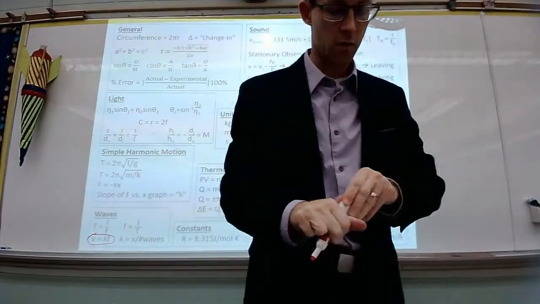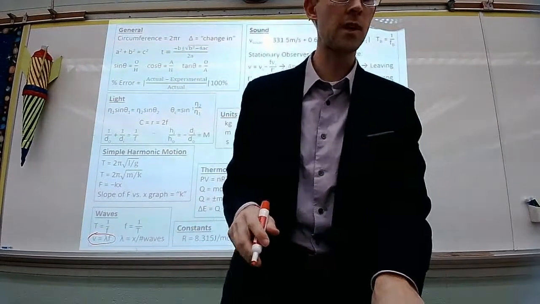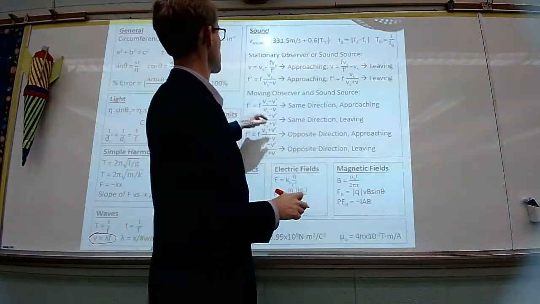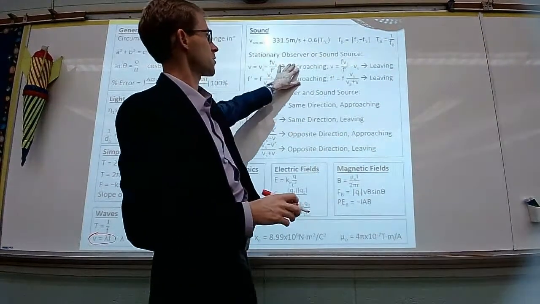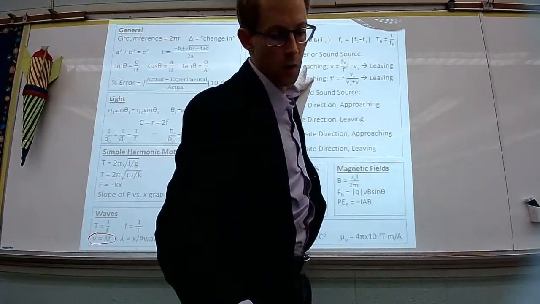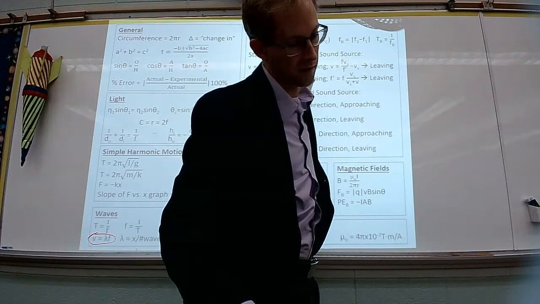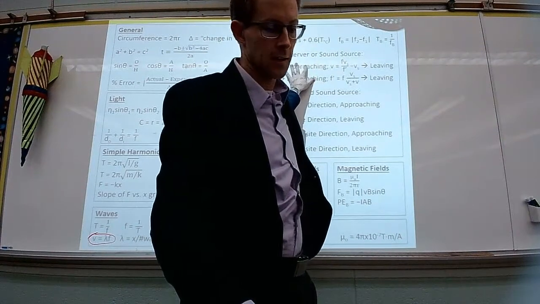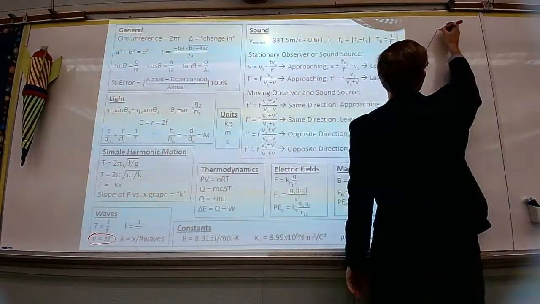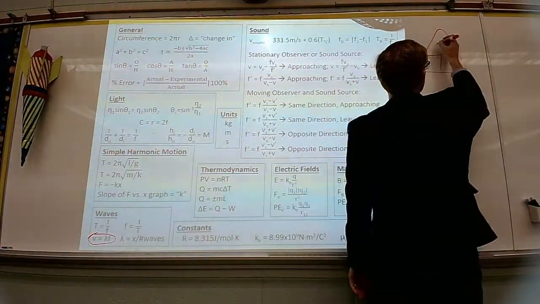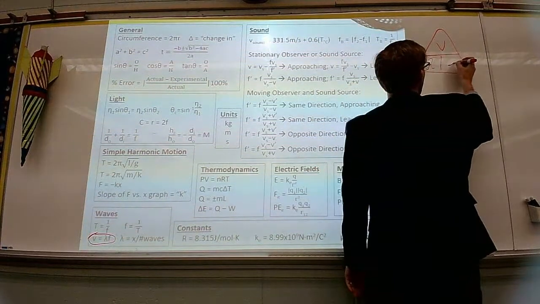So the foot soldier is holding still. So immediately we know we're going to be using one of these equations up here because we have a stationary observer. And we're looking for wavelength. Well, that's interesting. In order to get wavelength, we're going to need wave speed and frequency.